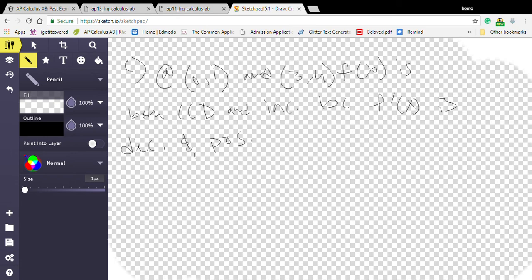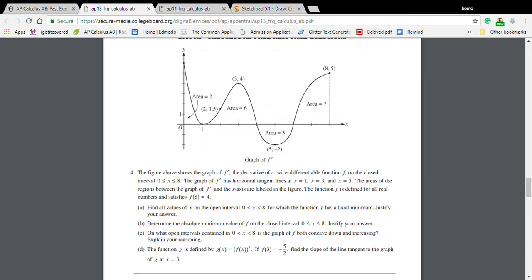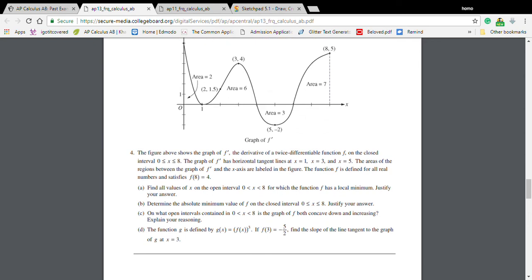For D, it says the function g is defined by g of x equals f of x cubed. If f of 3 is this, find the slope of the line tangent to the graph of g at x equals 3.